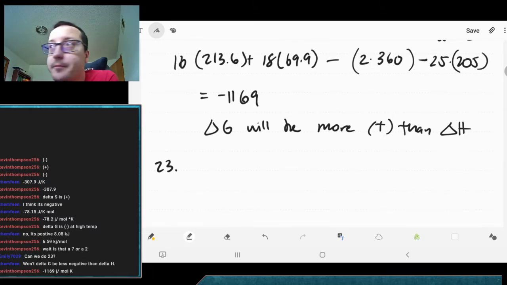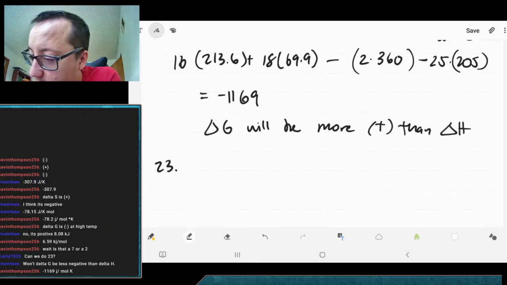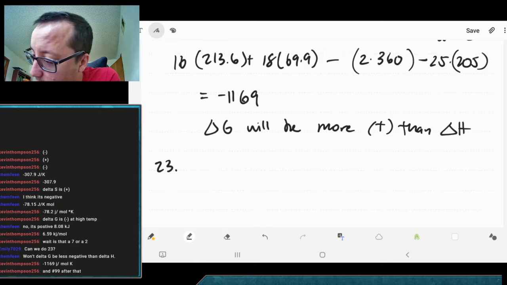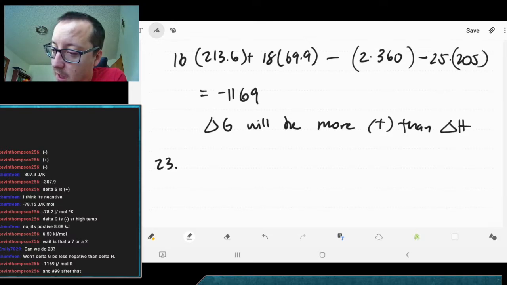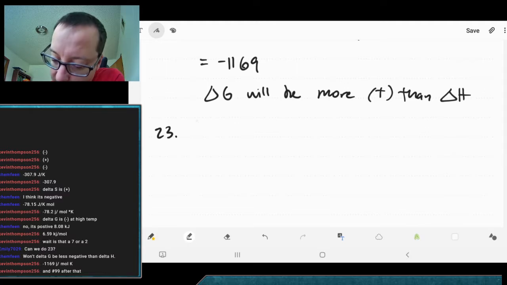Okay. So reading this question, it says the normal boiling point of bromine is 58.8 and its molar enthalpy is 29.6. When it boils, is its entropy increasing or decreasing? And then after that, we're calculating the value of delta S. So A is asking us, does the entropy increase or decrease?